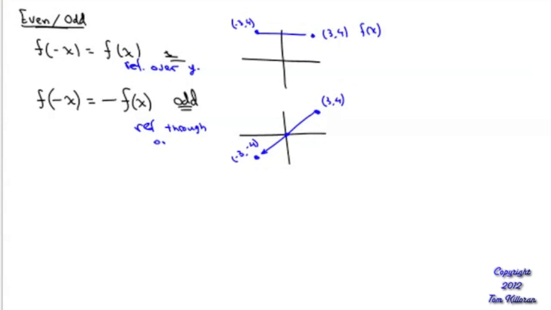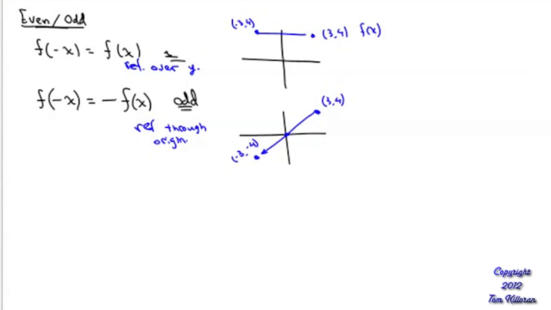Very few graphs are odd. Obviously this one is not odd because here's 5, 5, and there is no negative 5 on the other side. So one reflects over the y-axis, that would be an even function. The other one reflects over the origin, and that would be an odd function.